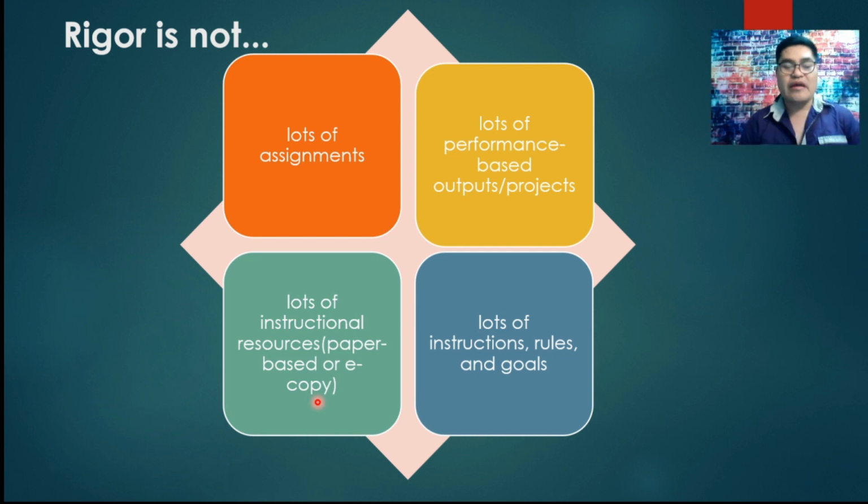And also, rigor is not about giving lots of instructions, lots of rules, and lots of goals. Well, that's not what rigor is all about. Again, for me, rigor is we do something about the content, the process, and the product so that our students will think deeper or they are doing high levels of work.